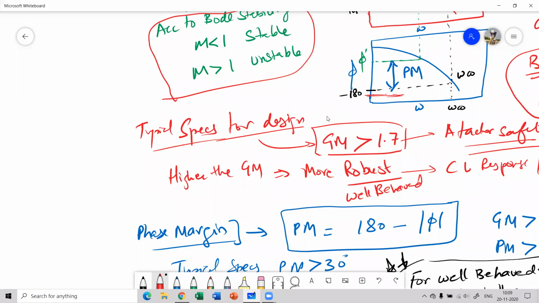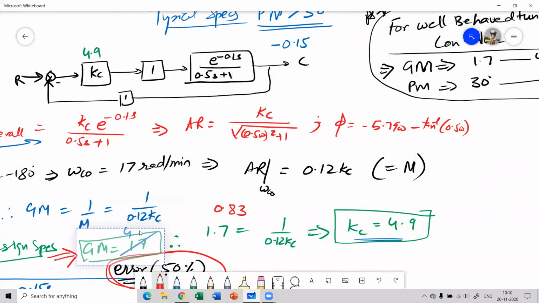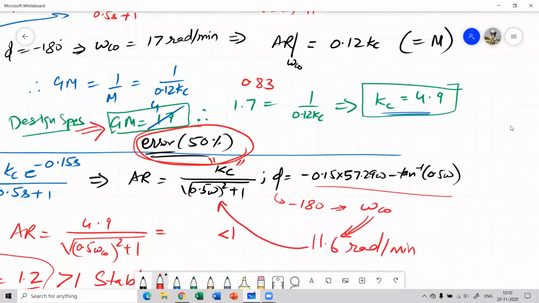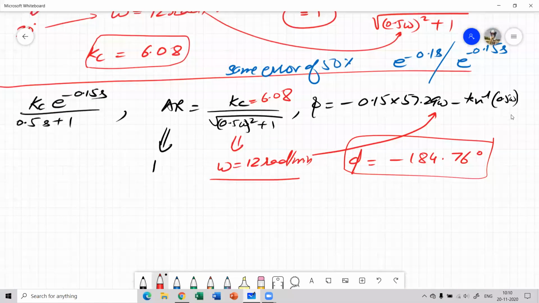That means whatever controller we have tuned by considering a phase margin of 30 degrees, the system is still unstable. That means the system we tuned with a 30 degree margin is not able to withstand an error of 50%. Simple, because the phi coming out is minus 184.76.